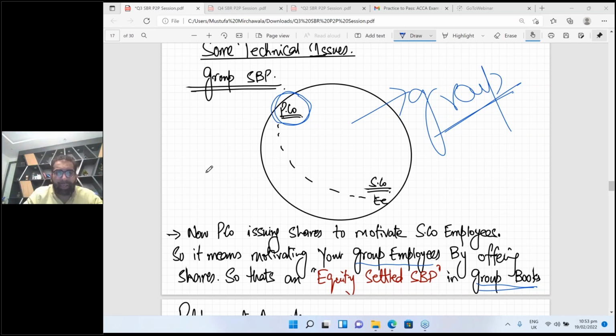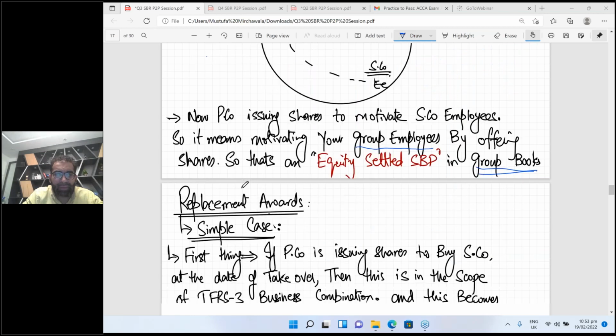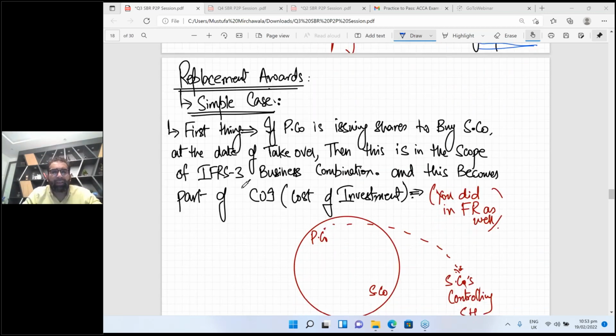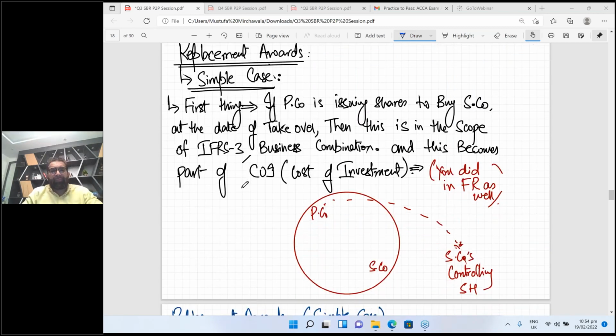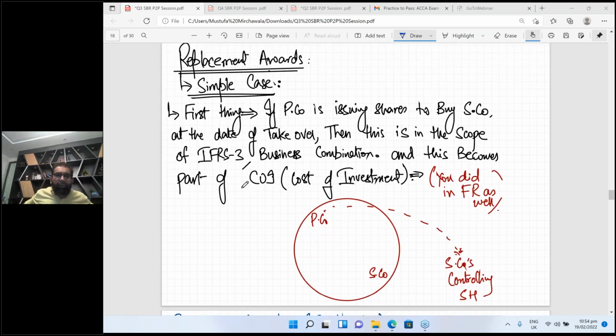Now, next issue. This is the case which is written in front of you. This is an F7 level, FR level case.